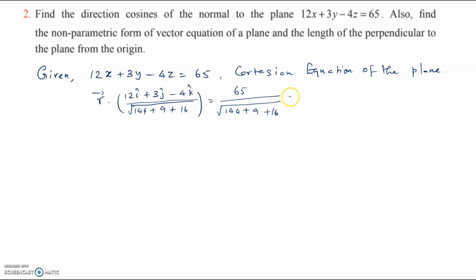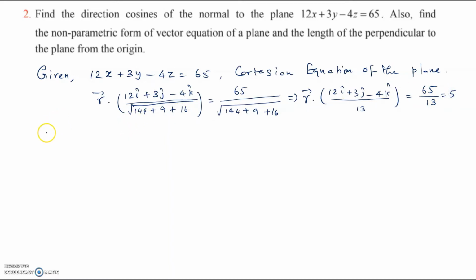So we can further rewrite this as r vector dot product with 12 i cap plus 3 j cap minus 4 k cap over 13 equals 65 by 13, which is equal to 5.